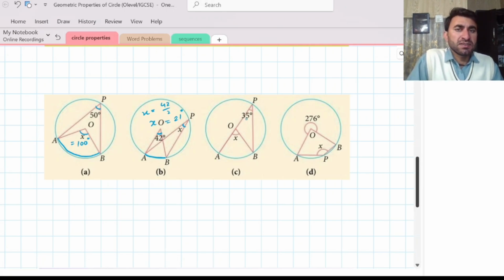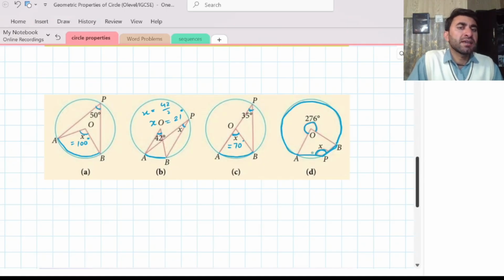So for the third diagram, we can see the angle at the circumference is given 35 degrees. It is subtended by the arc AB, and the same arc is subtending an angle x at the center. We know it will be double that of angle at the circumference, so it will be 70 degrees. Now in D part, we can see that the angle 276 is subtended at the center, and this angle is subtended by the major arc AB, and the same major arc AB is subtending an angle x at the circumference.